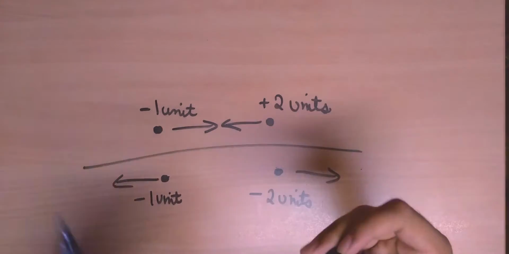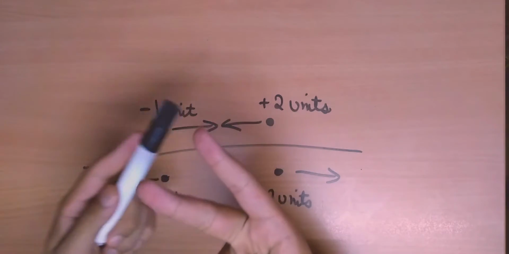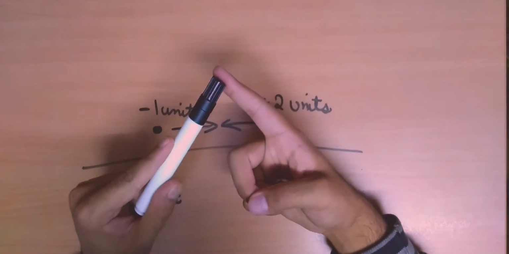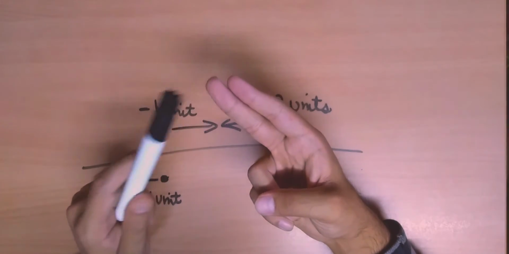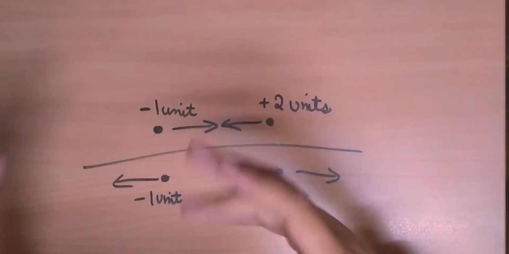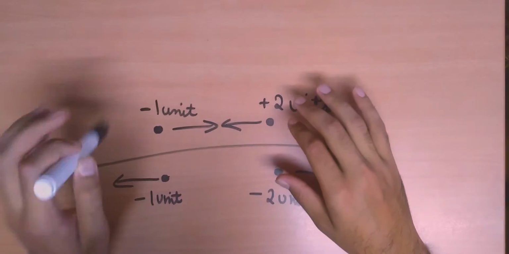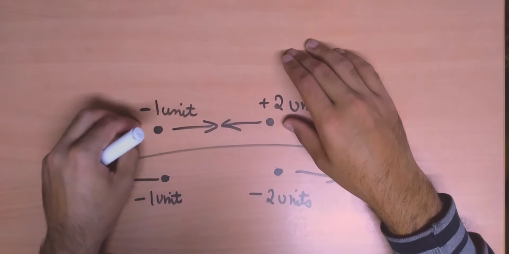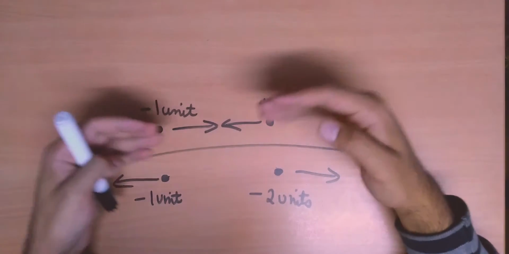So, quick revision: particles have various properties like mass and charge. Mass is simple, it is always positive. Charges can be either positive or negative, or also zero, but let us just stick to positive and negative. If you have two particles with opposite charges, the first negative and the second positive, they will try to attract each other.